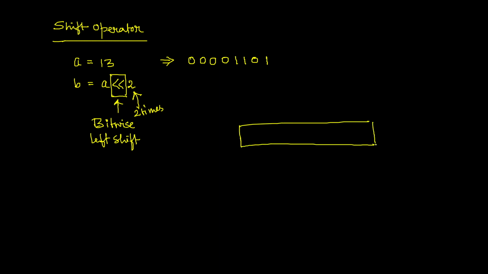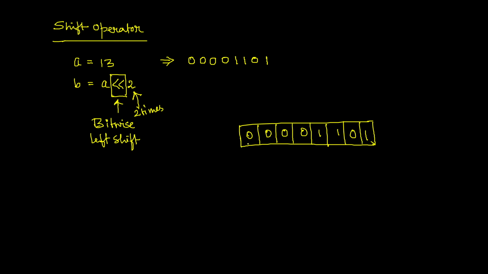So this is your memory where the data are given. 0 0 0 0 1 1 0 1. So this is 13. Now bitwise shift means, assume that all these positions of zeros and ones will be shifted towards left. How many times? 2 times.